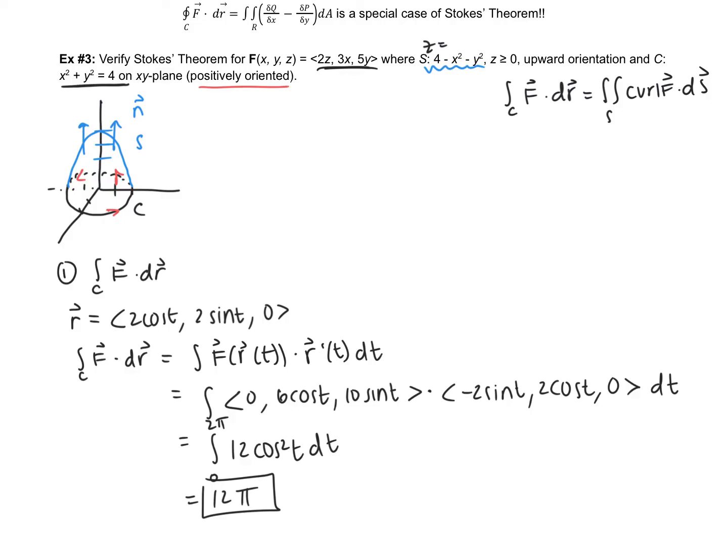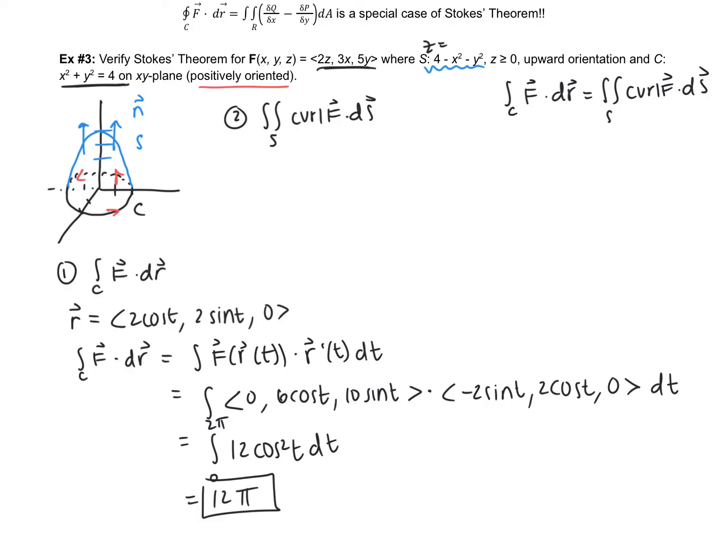So now we're going to calculate this again using the surface integral of curl of f dot dS. And remember, we know that these should be equal because we have a smooth surface that has a positive orientation. So when we calculate f dot dr, or the surface integral of curl of f dot dS, by Stokes' theorem, we should get the same value.